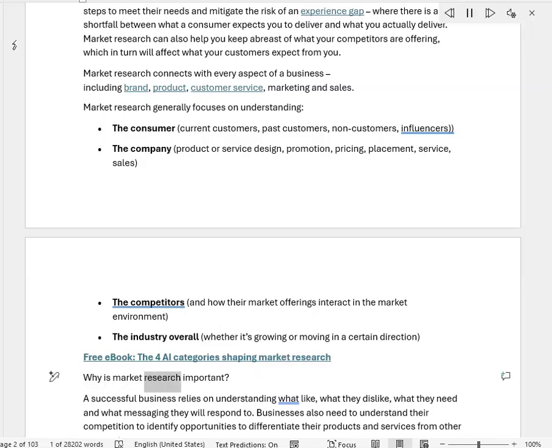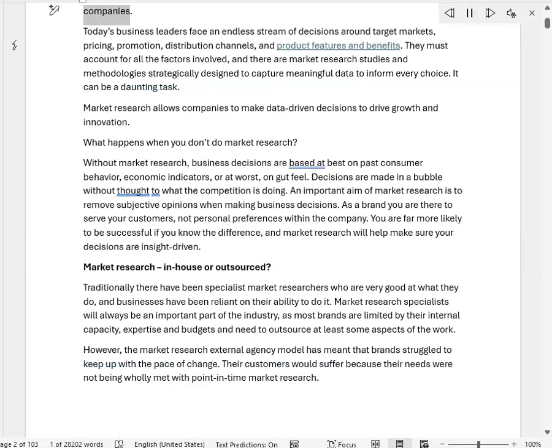Why is market research important? A successful business relies on understanding what customers like and dislike, what they need, and what messaging they will respond to. Businesses also need to understand their competition to identify opportunities to differentiate their products and services from other companies.